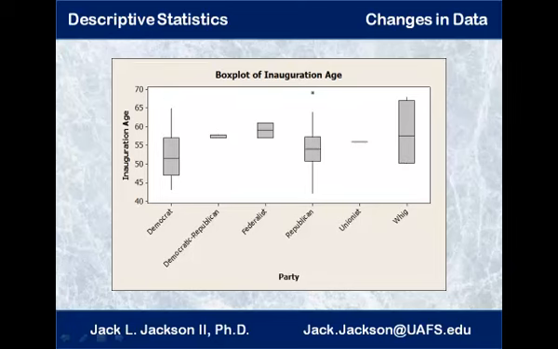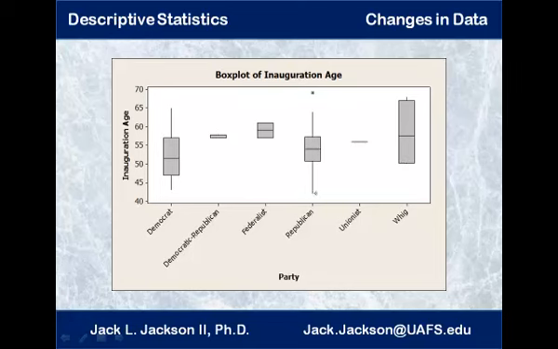And so we might compare just the Democratic and the Republican here, and we can see some interesting things. Is there anything that we might notice about comparing these? Well, it looks like on average the Republicans are a little older. Not only do they have this one outlier, the oldest one, the median's a little bit higher, and the first quartile in particular is quite a bit higher.